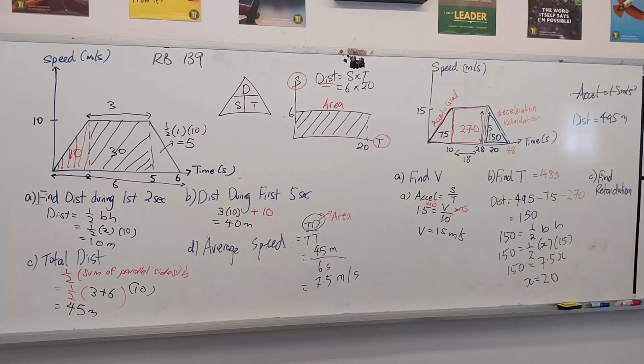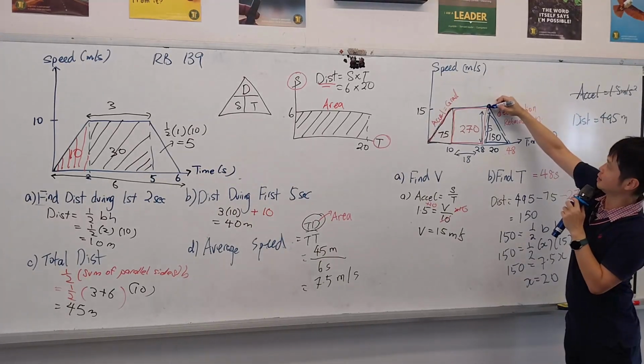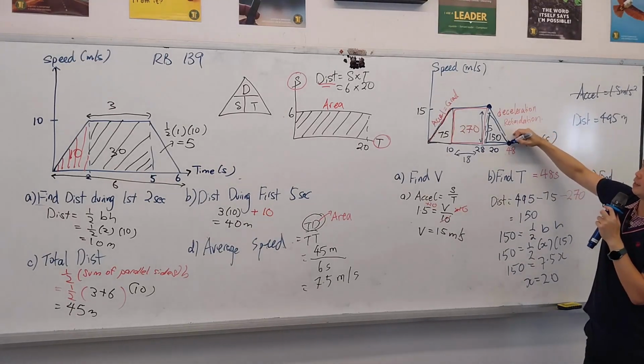Slope. The formula is y1 minus y2 over x1 minus x2. Can remember. Now, the two coordinates that we are using is this one and here.